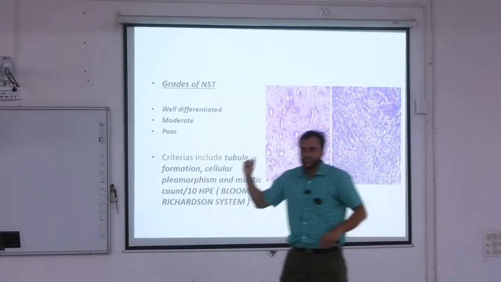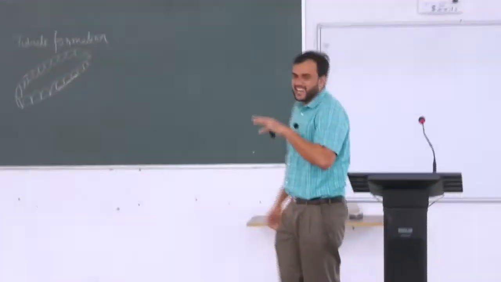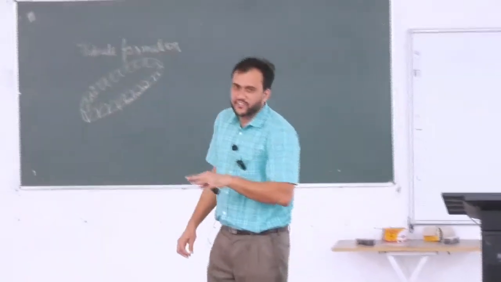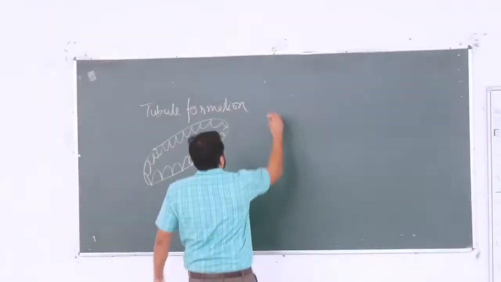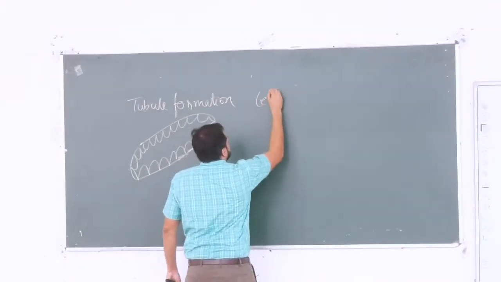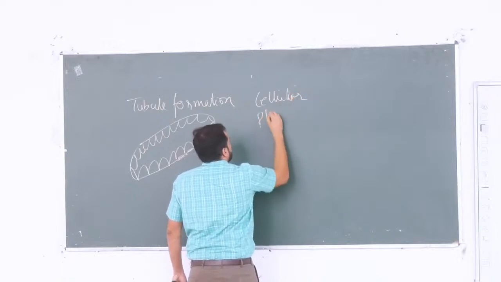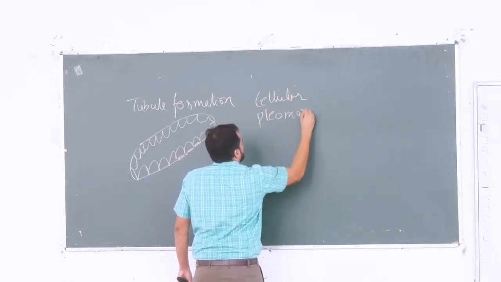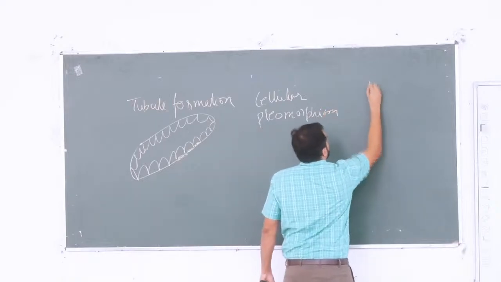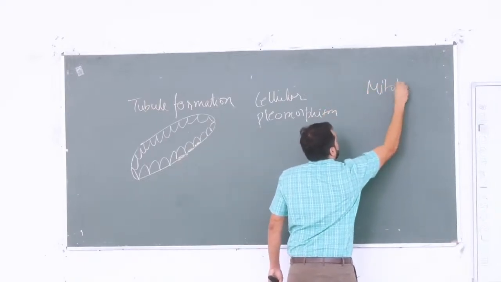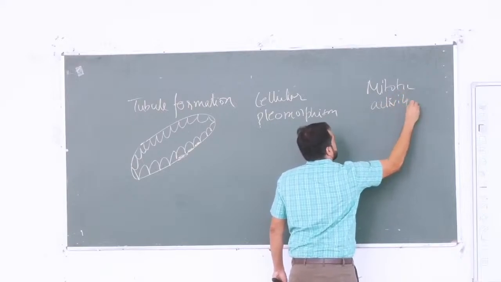So all these things together form a grading system, which is known as the Scarff-Bloom-Richardson grading system. So we take into account tubule formation, then cellular pleomorphism, and then mitotic activity.